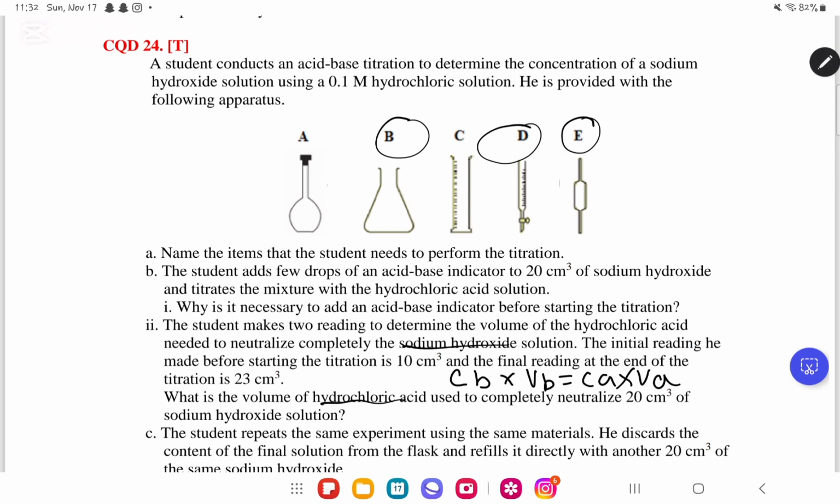But then again, there are some cases where they trick you. Usually when you see base and acid and they ask you to find the volume and the concentration and stuff like this, you use this equation.